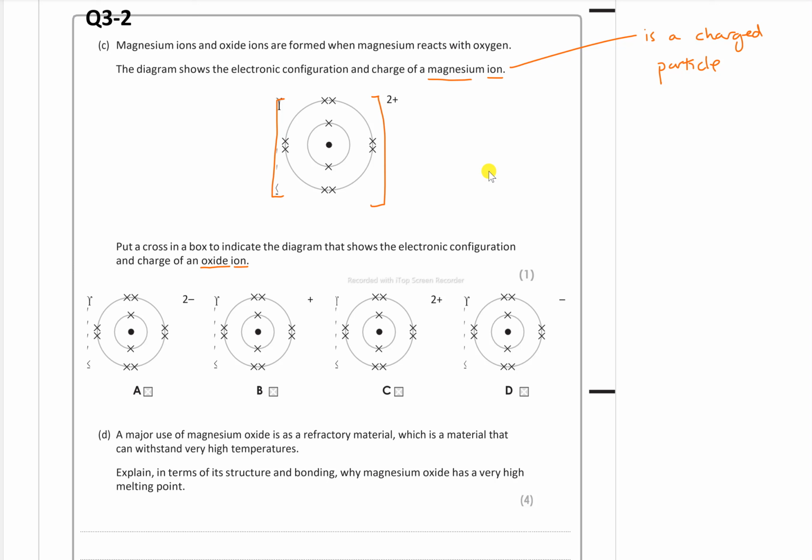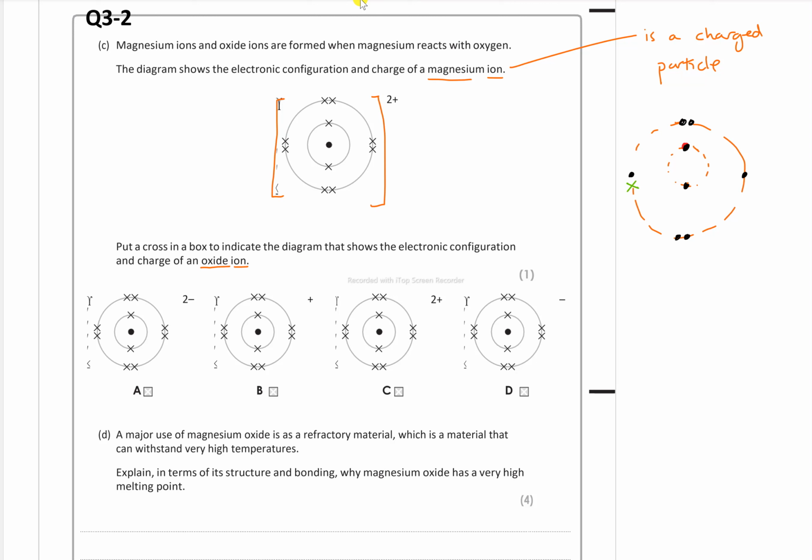So oxygen we said was 8. So it was 1, 2 on the first shell. Look. And then on the next shell, 1, 2, 3, 4, 5, 6, 7, 8.